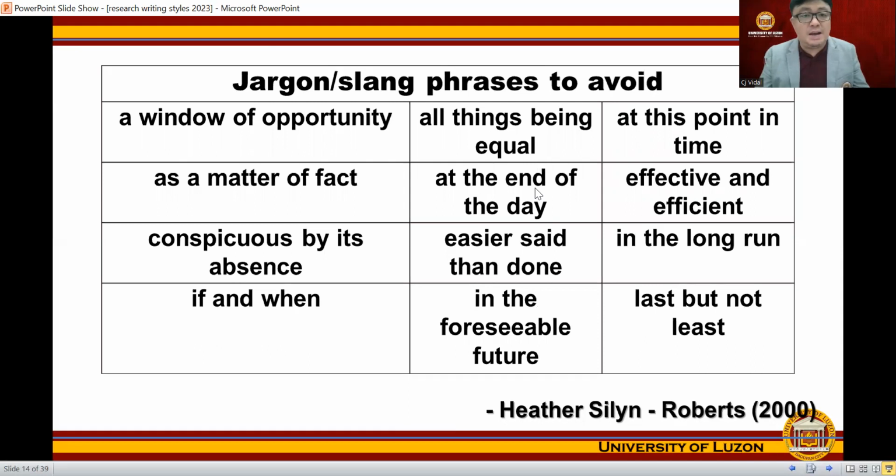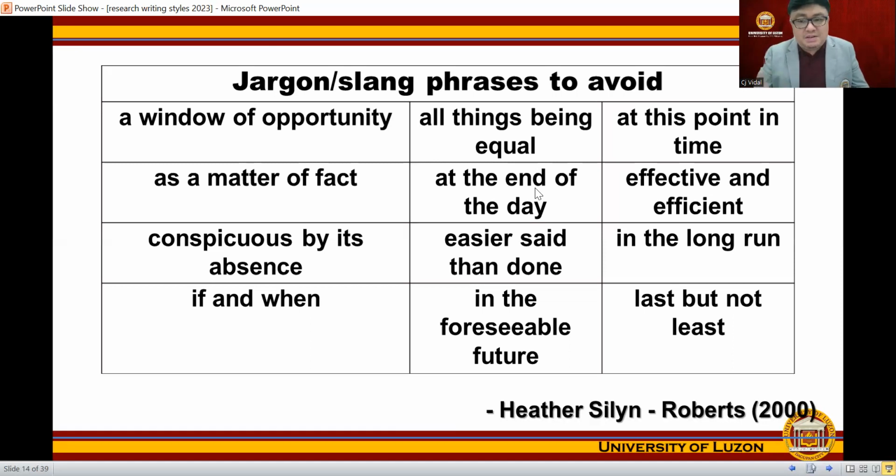For example, we have window of opportunity, all things being equal, at this point in time, as a matter of fact, at the end of the day, effective and efficient, conspicuous by its absence, and so on and so forth.